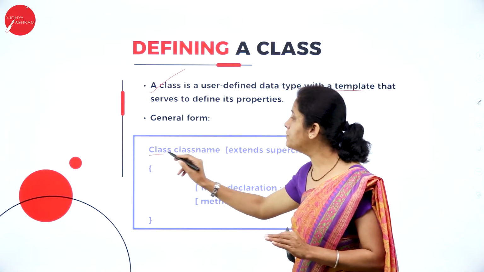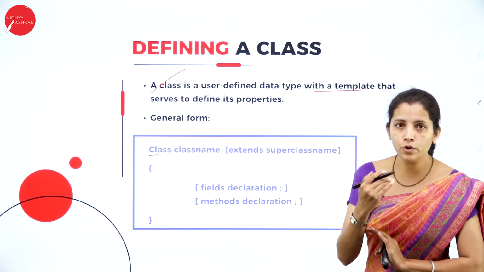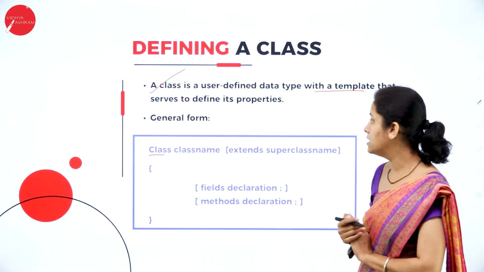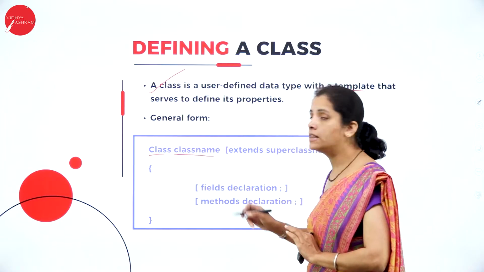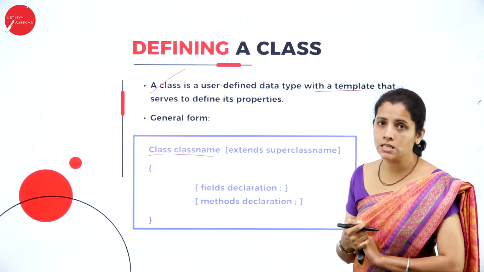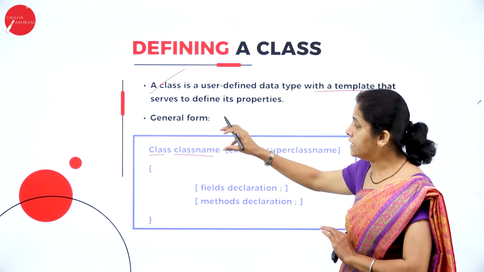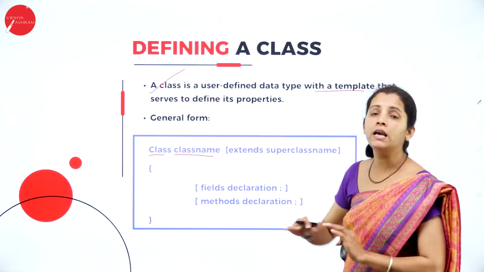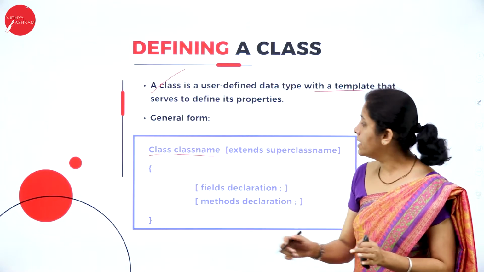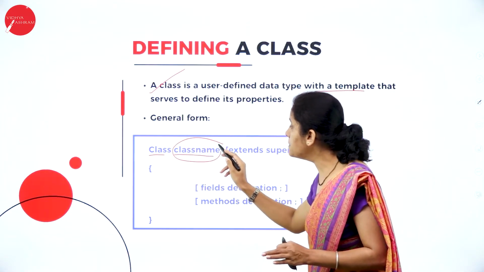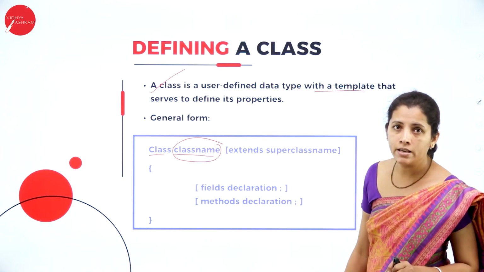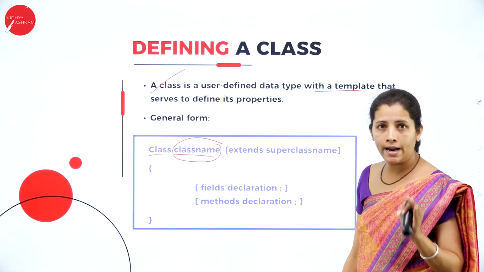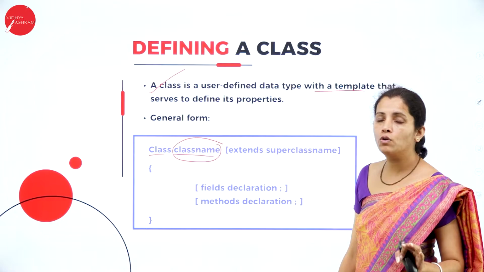First, I'm going to write the class keyword. Then I'm going to specify the user-defined class name, and while writing the user-defined class name, I have to follow the rules. Here the class name is nothing but the identifier.